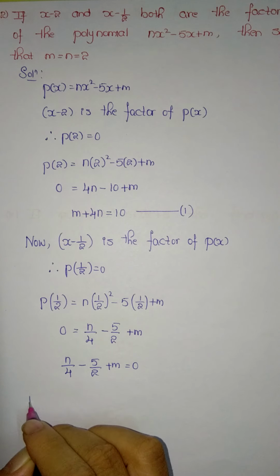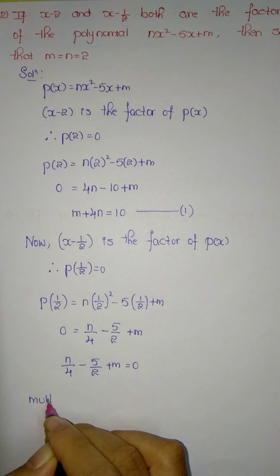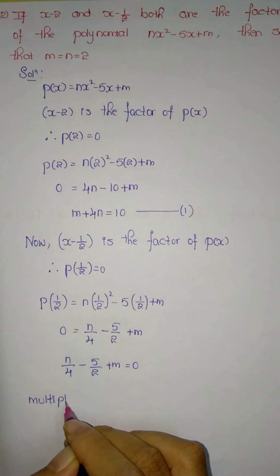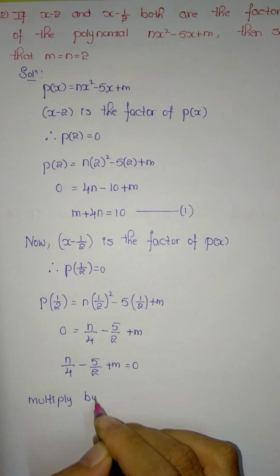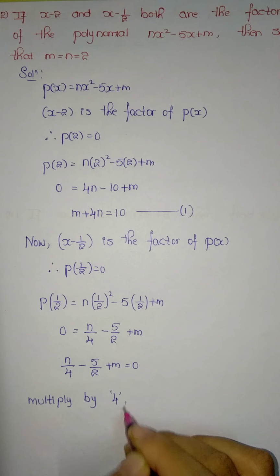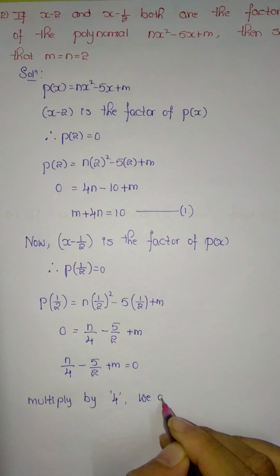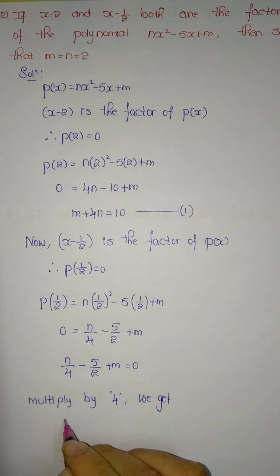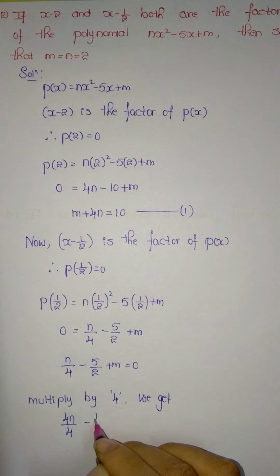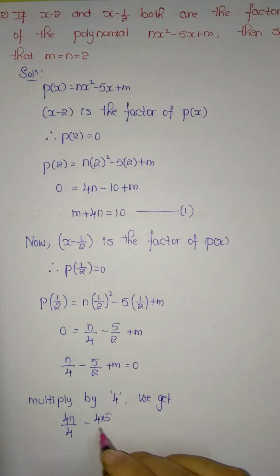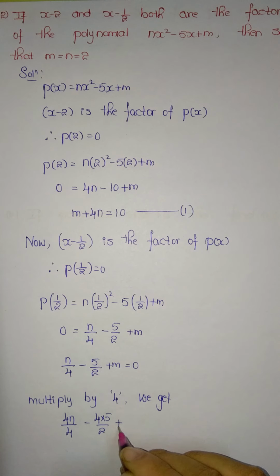So multiply by 4, we get 4n by 4 minus 4 into 5 by 2 plus 4m equal to 0.